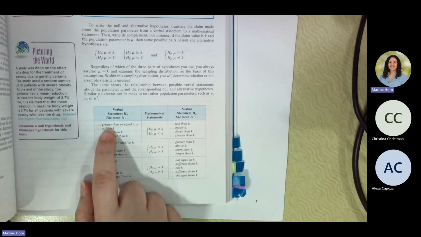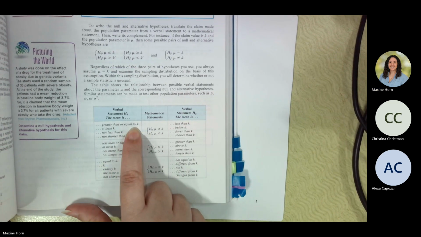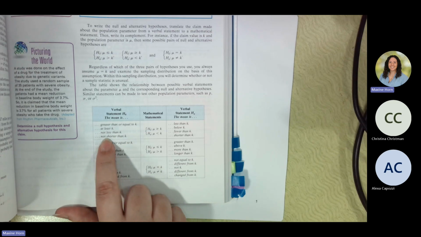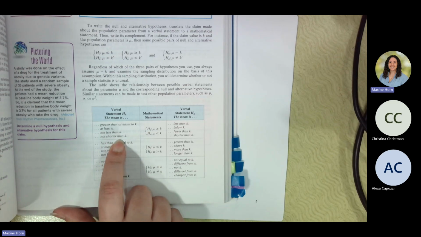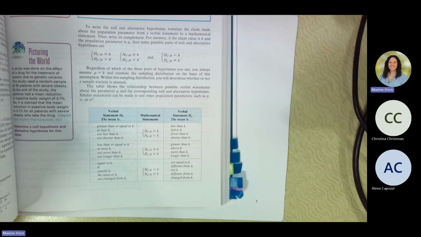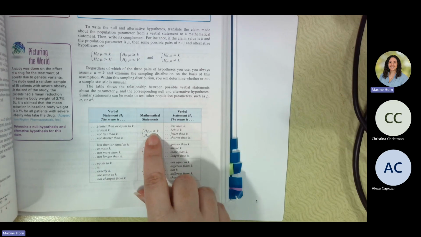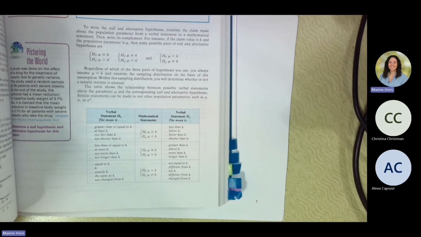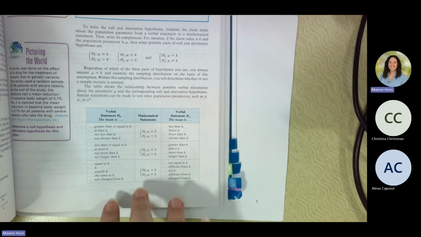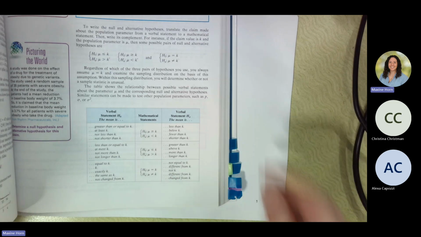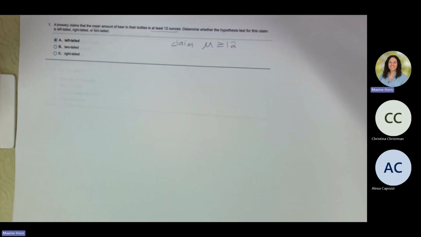Phrases like greater than or equal to, at least, not less than, not shorter than. Those are all things that mean greater than or equal to. If you find that you're having trouble translating those English phrases to what the corresponding symbol should be, then refer back to the table in your online textbook.